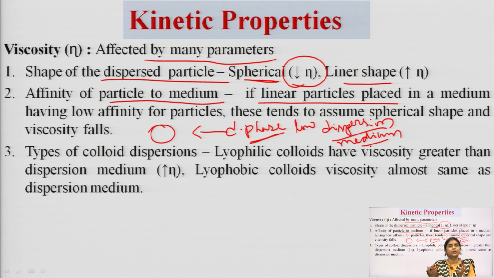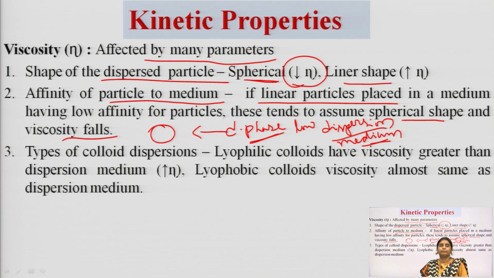The dispersed particle will try to arrange its atoms in such a way that it comes under minimum contact with the dispersion medium. So, it tends to be spherical.